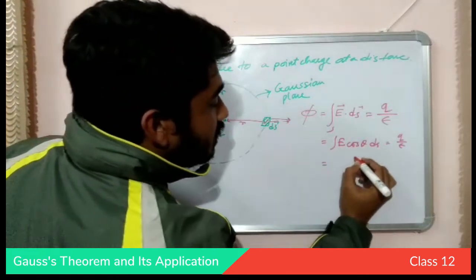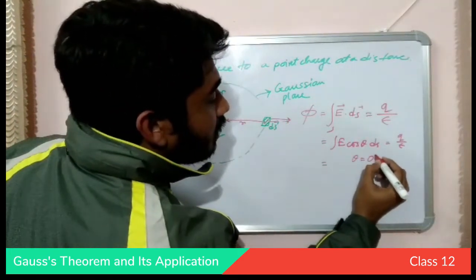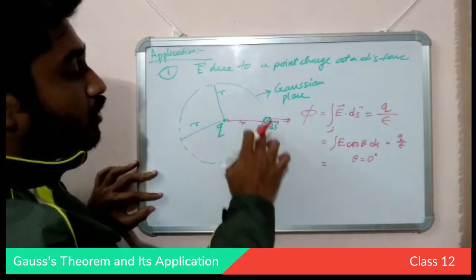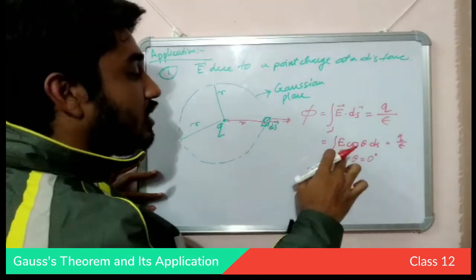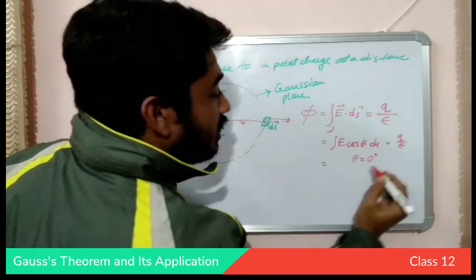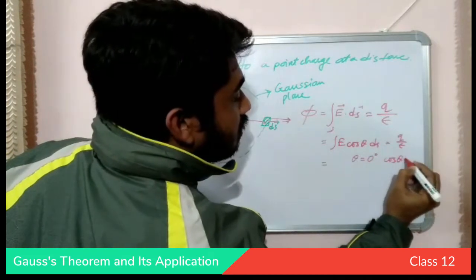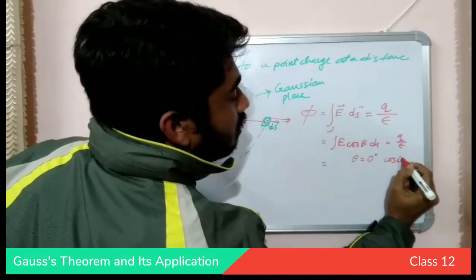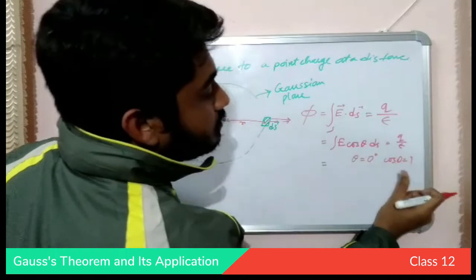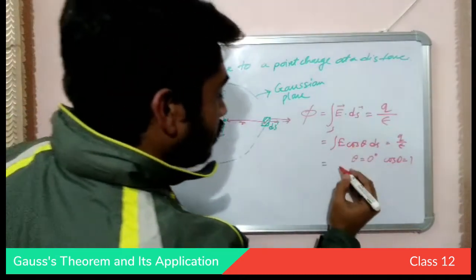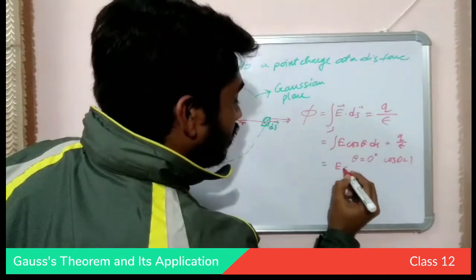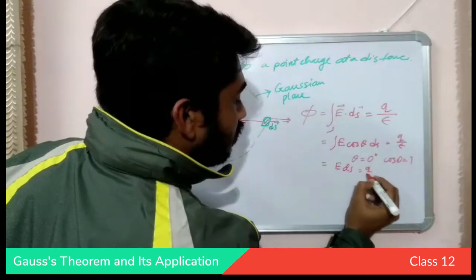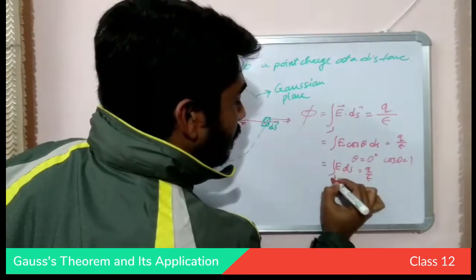So theta is 0 degree, the angle between E and ds is 0 degree. So cos 0 is equal to 1. So this is E ds is equal to q by epsilon.